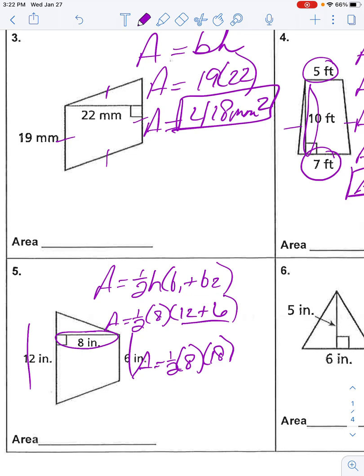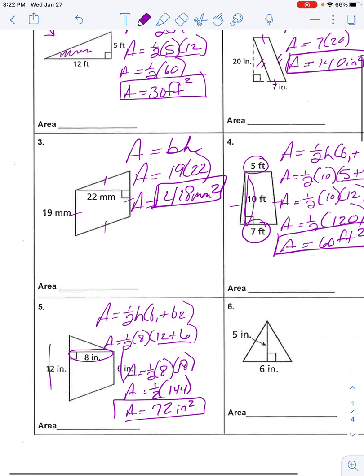If I do 18 times 8, I'm going to get 144. And half of 144 is 72 square inches.